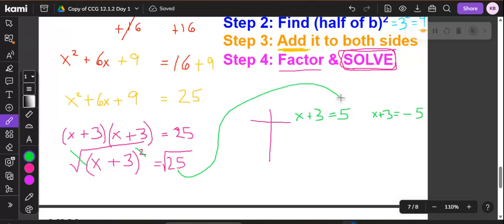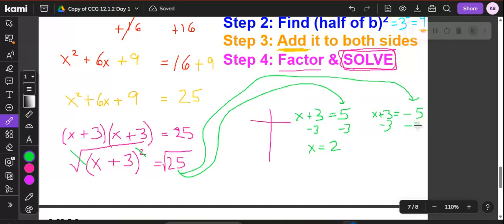The square root of 25 is both 5, and the square root of 25 is negative 5. When I solve this little bit, I subtract 3 from both sides, and we get solutions like x equals 2, and the other one, when I subtract 3, we get x equals negative 8. You should pretty much always get two solutions here on these, because again, you're going to get a positive and a negative square root, and then you're doing the same thing to both sides.